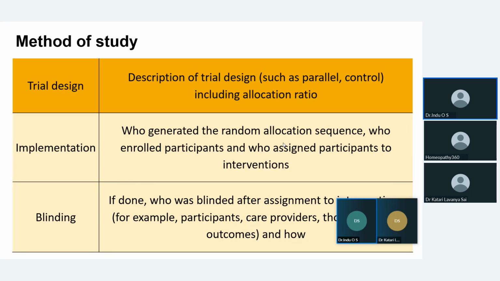You have adopted a purposive sampling technique, and you are blinding the participants, and comparing this interventional homeopathic treatment with a specific remedy. The participants are not aware of which group they are included under. So we can blind the participants or the patients. Like this, you have to give the details about what you are doing and how you are doing it. That's all about the method of study.